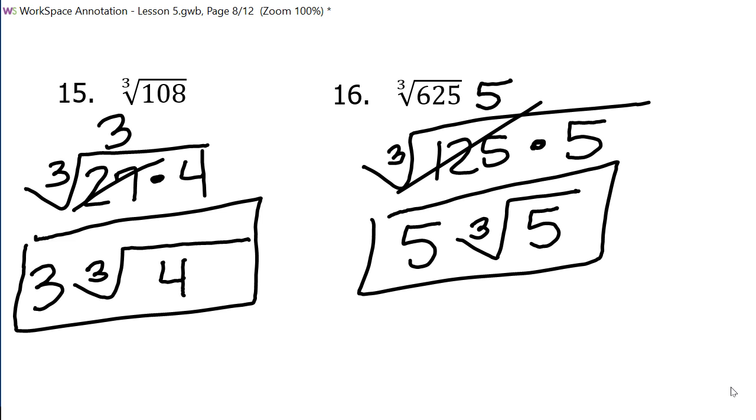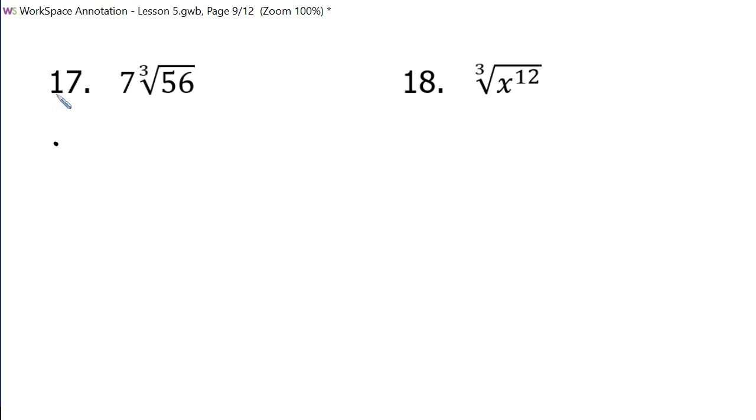Number 17, we need to find a perfect cube for 56. So this is 7 cube root of 56. So bring down the 7, bring down the cube root. We need a perfect cube for 56.